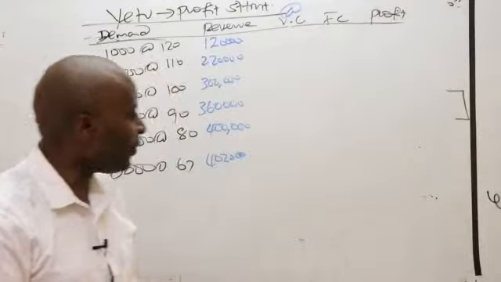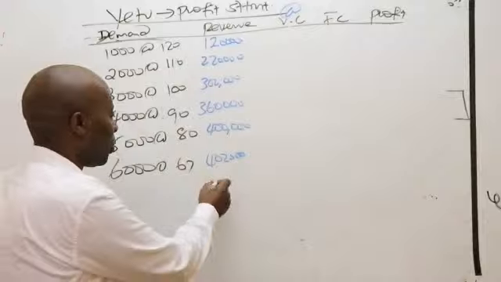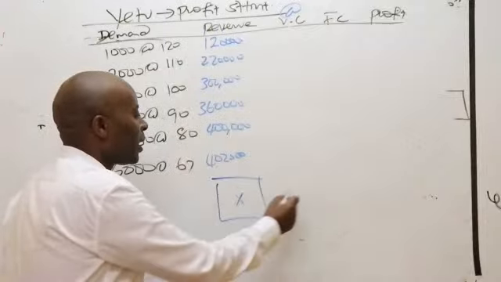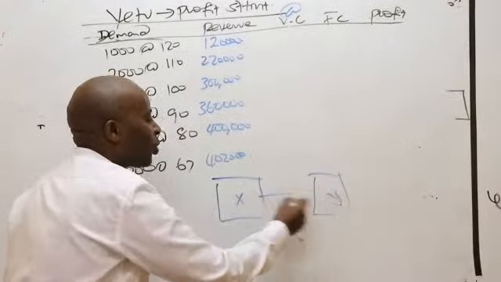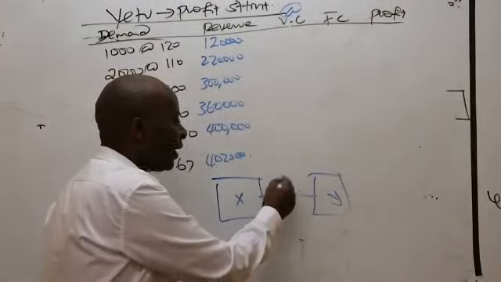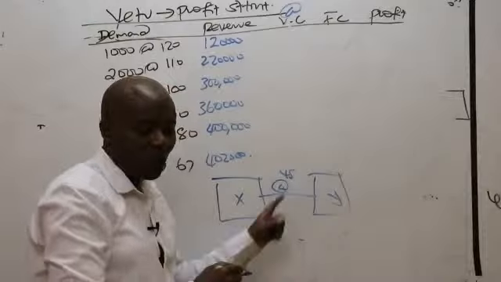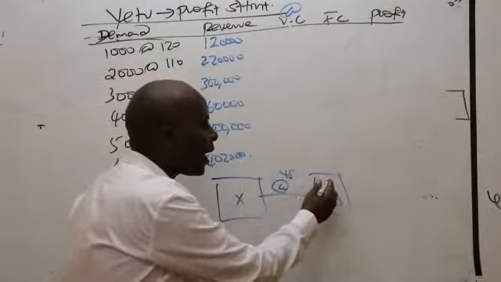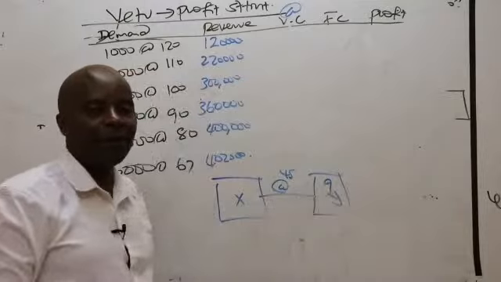So what we have, ladies and gentlemen, remember we have got 2 divisions there. We have division X and then we have division Y. So X produces and sells everything to Y at what price? At 45. And then Y itself is going to incur a variable cost of 9.